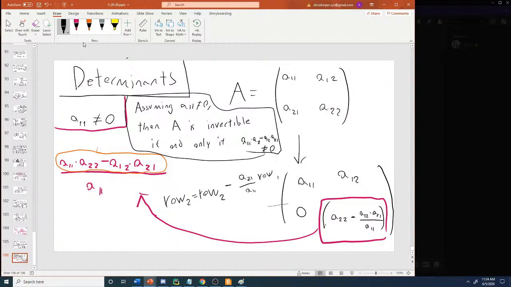So this is a really simple result that follows from a really simple computation. But what's amazing about it is that we can actually generalize it to n by n matrices. And we can find a polynomial expression in terms of these coefficients such that a matrix A will have an inverse if and only if the polynomial expression is not 0.